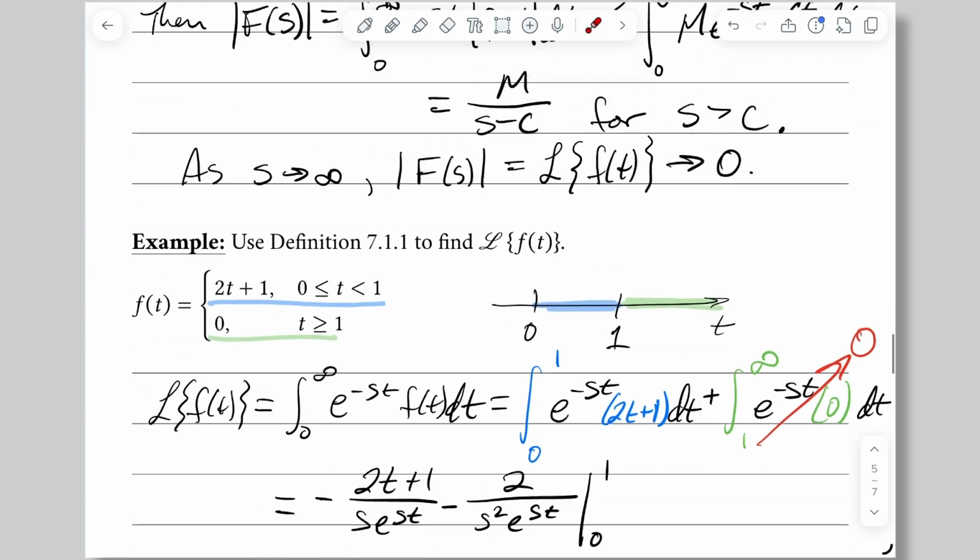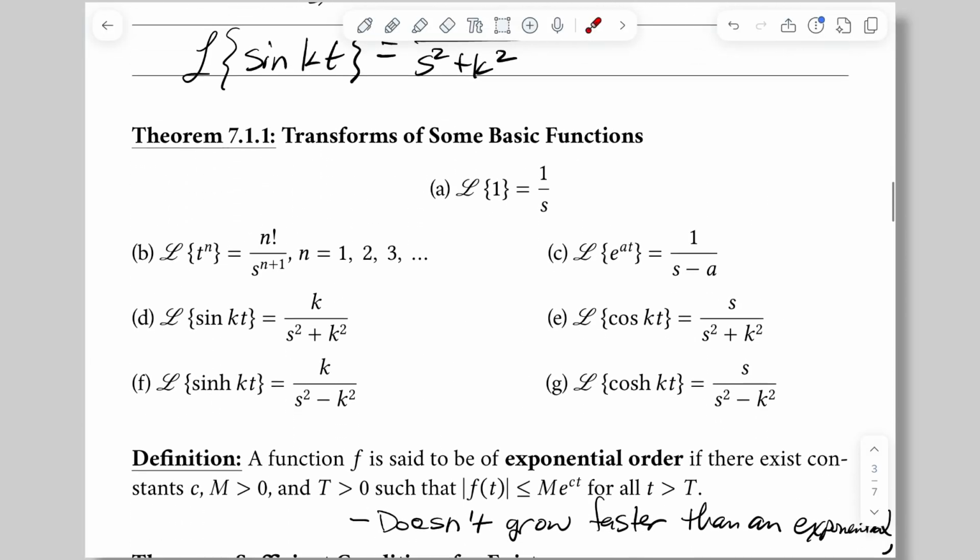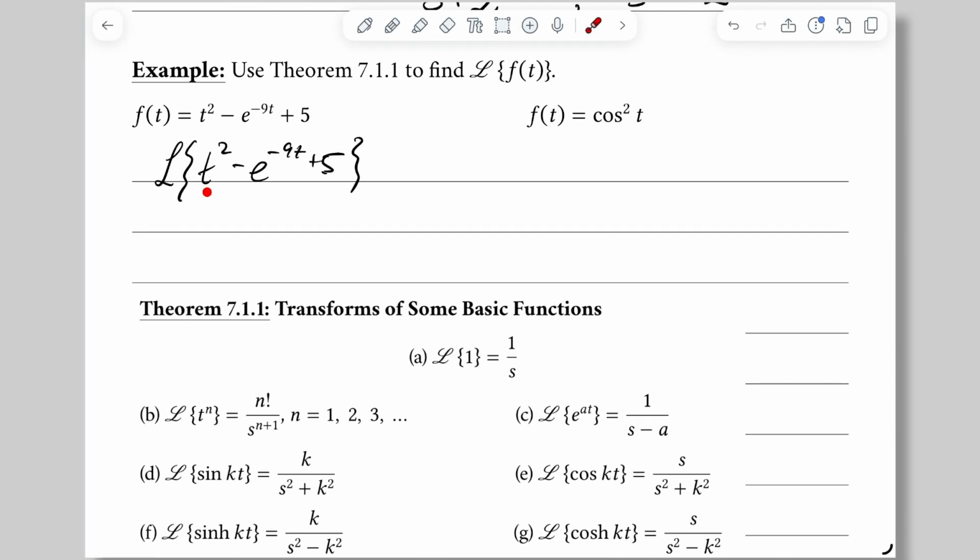According to the formulas in the theorem, the transform of t squared is 2 factorial over s to the 2 plus 1. So that's going to give us 2 over s cubed, minus the Laplace transform of e to the negative 9t, which is 1 over s minus negative 9, and so 1 over s plus 9.